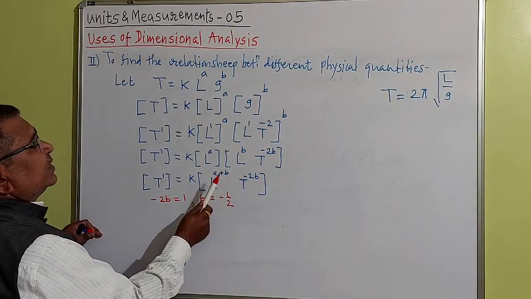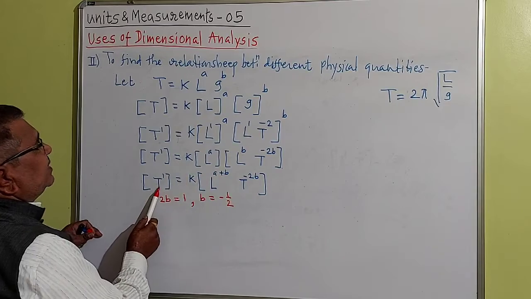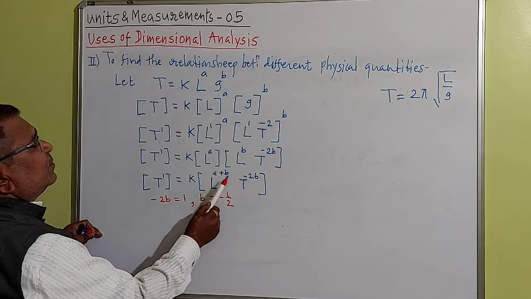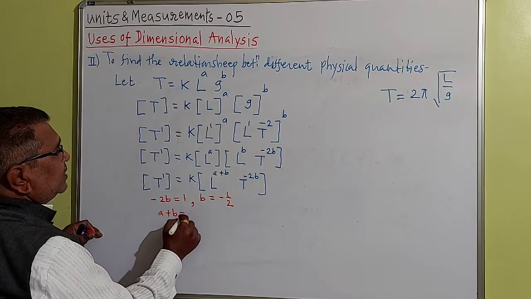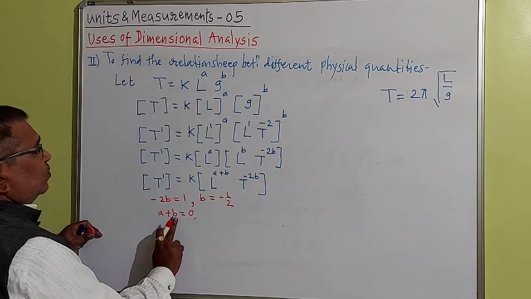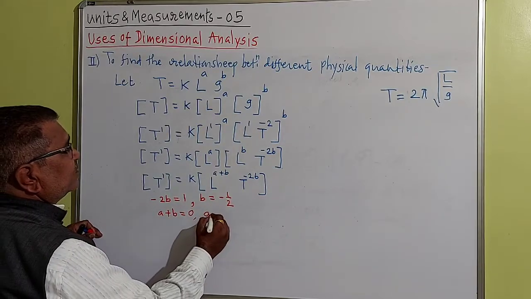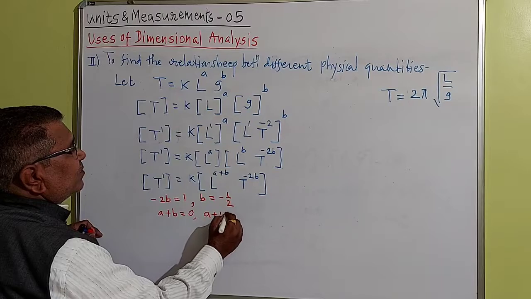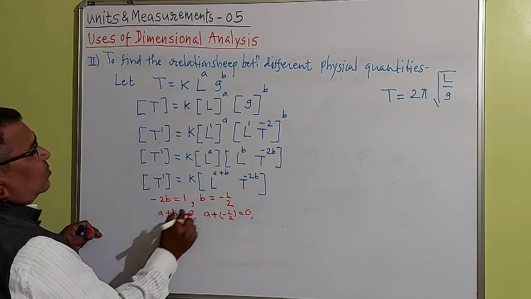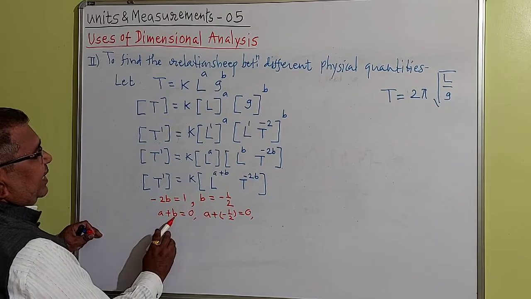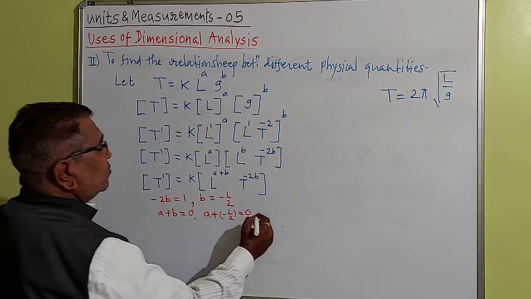See here, L is to the power a plus b, but L is not on the left side, so the value of a plus b is equal to 0. Put the value of b here: a plus b = a + (-1/2) = 0.